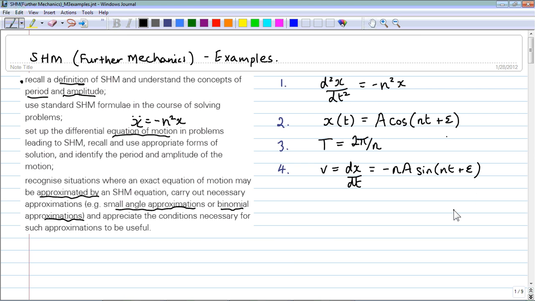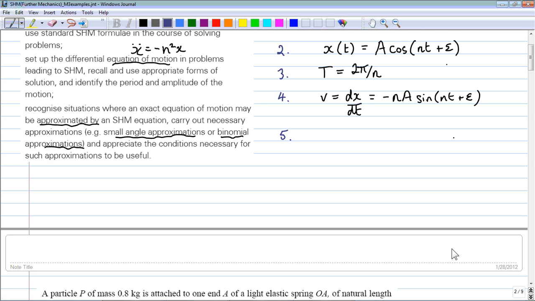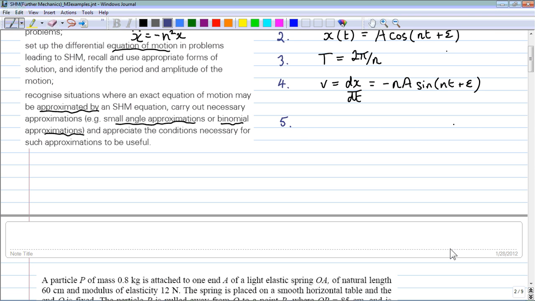Now you won't often use the equation for velocity in that form, just sometimes it's useful to know. What's more common, and this is not obvious, but what's more common is to make a relationship between v and x. So v squared is n squared times a squared minus x squared.